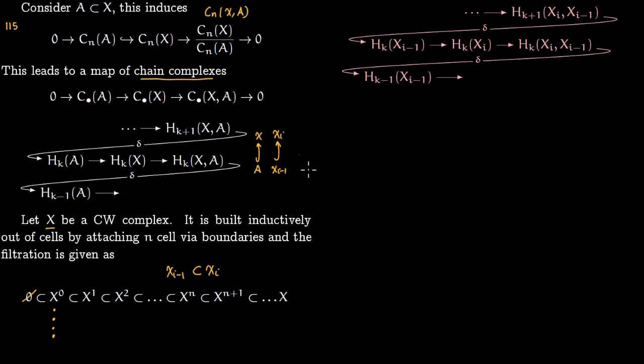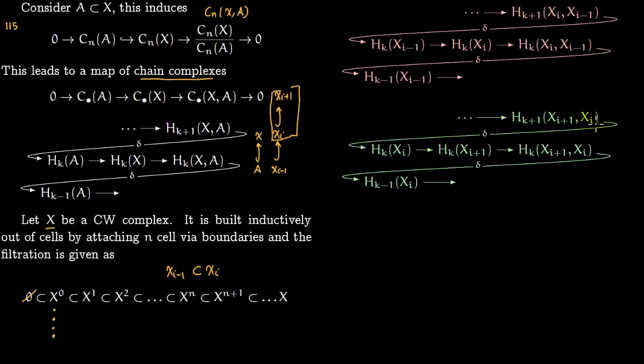Now rather than this pair, you could consider another pair: X_i is itself contained in X_{i+1}. So you can think of X_i as A and X_{i+1} as X. Corresponding to this pair, we have another long exact sequence like this, H(X_{i+1}, X_i) to H(X_{i+1}), H(X_i), and so on. Now you can consider another pair.